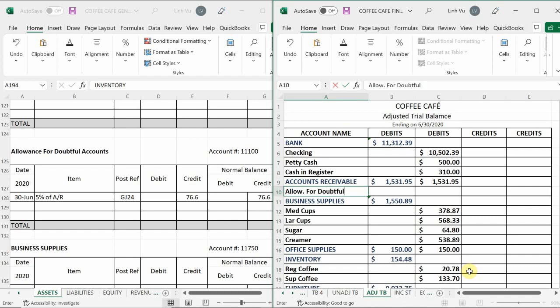Allowance for doubtful accounts. Right? So in this case, how much am I decreasing my accounts receivable by? $76.60, right? Now in this case, I put it in my credit column because that's true. If I'm doing my regular trial balance, then this account is going to be a credit.